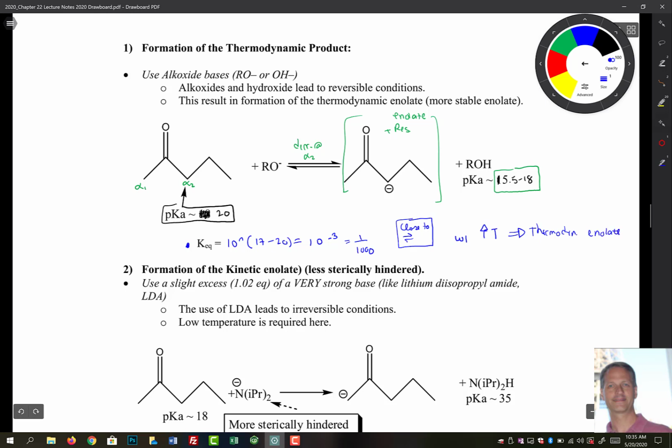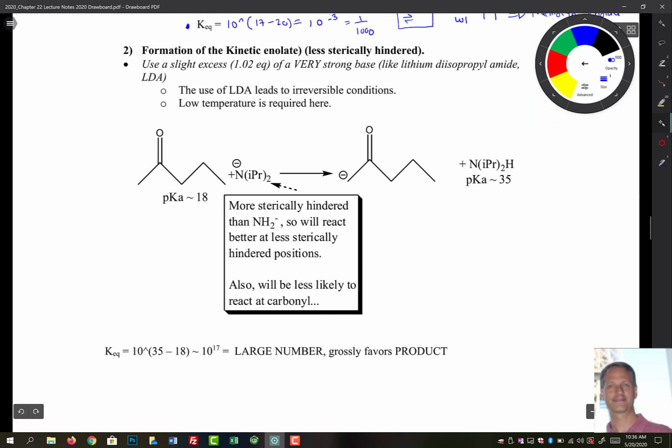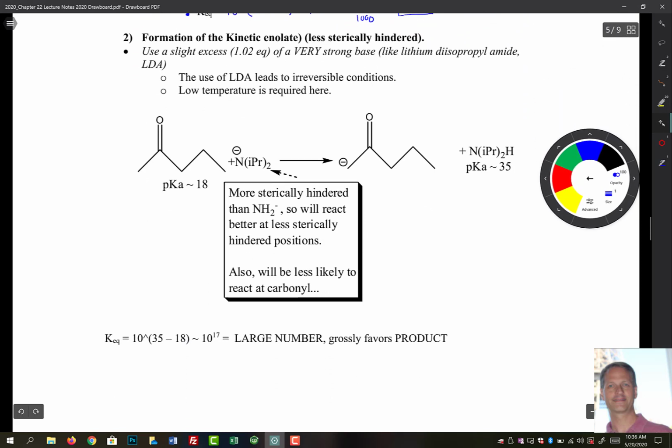Well, what if we want to have irreversible conditions? So irreversible is the other side of that coin. So when we look down here below, we want to use a base that's very, very strong. So what we're going to use is lithium diisopropyl amide.